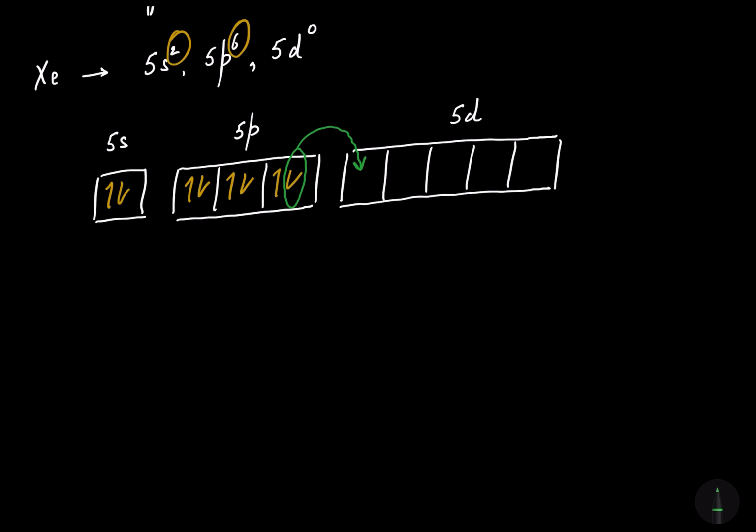Now we have to excite the second electron from 5p to the 5d, and then the third electron from 5p to the 5d. This way, we can have 6 unpaired electrons, or 1 electron each, in 6 different atomic orbitals.